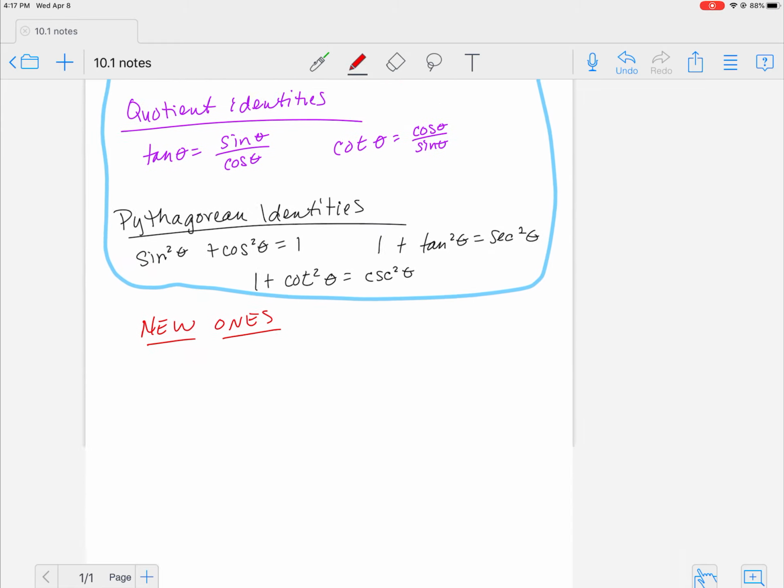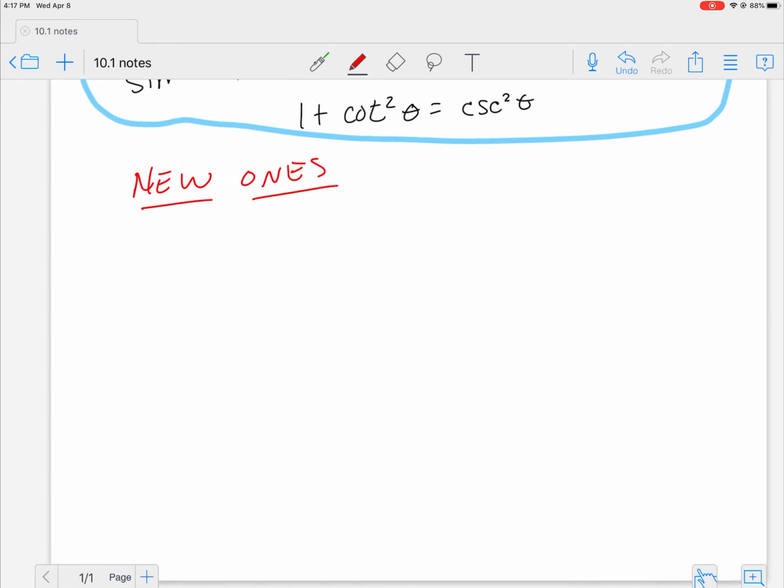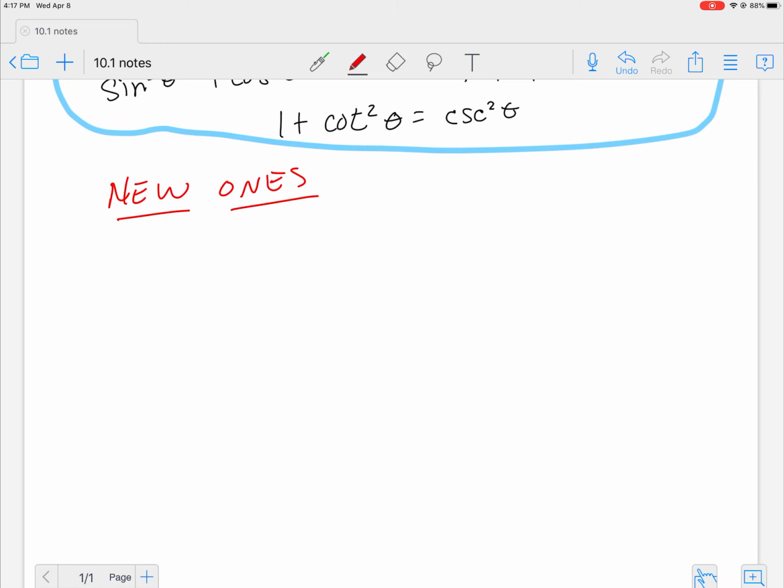All right. So if you haven't already memorized and figured all that stuff out, you need to get that done. These new ones, these even and odd identities that we're getting ready to look at right here, you don't have to memorize. All right. You don't have to have these memorized. You can always look these up later, any of that kind of stuff.